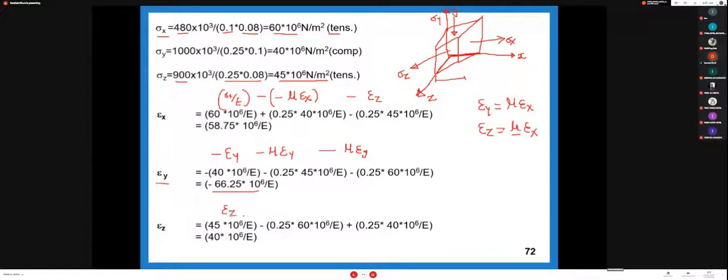We have considered the z minus epsilon x here, but strain in the x direction is given by the Poisson ratio times strain in the z direction, and minus Poisson ratio times strain in the z direction is equal to the strain in y. Okay. So here all this strain is in terms of the absolute direction. Whenever we consider the x direction, all the strain is written in terms of epsilon x.